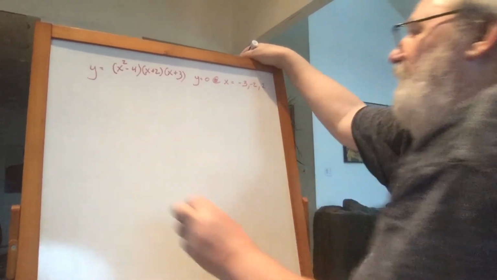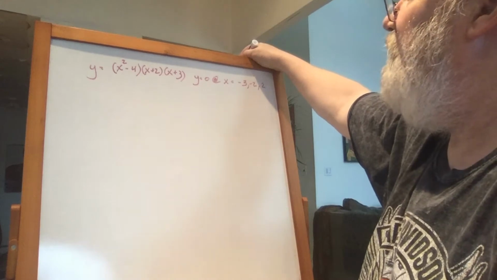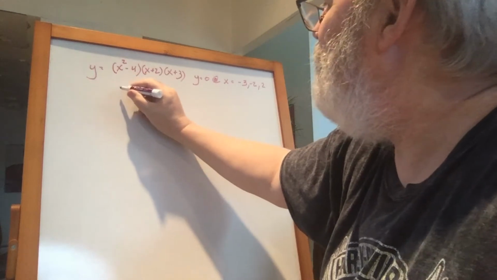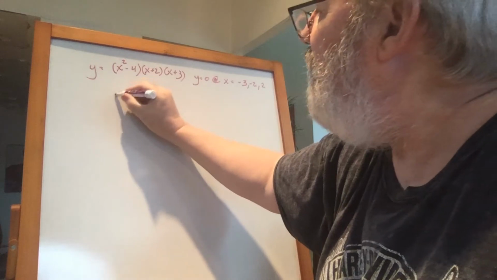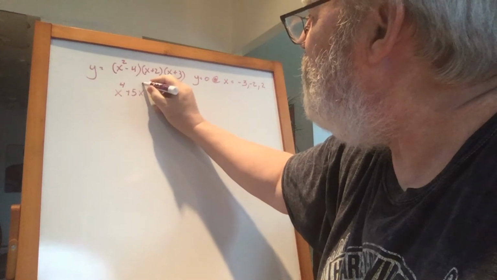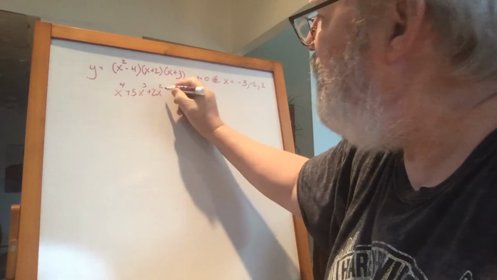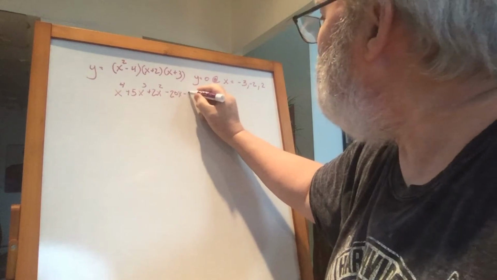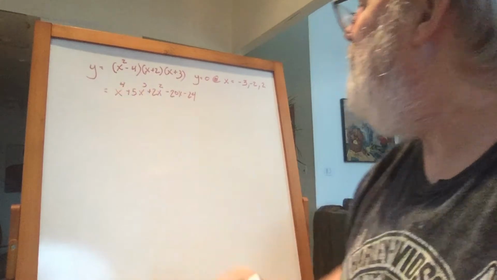Okay, so that's how many times that function crosses. Okay, so what do we do? This is a fourth order. So remember what we had originally was x to the fourth plus 5x to the third plus 2x squared minus 20x minus 24. That's what this expands into.